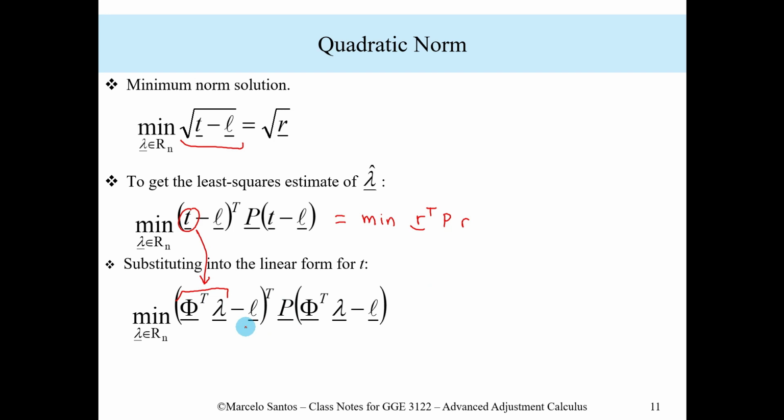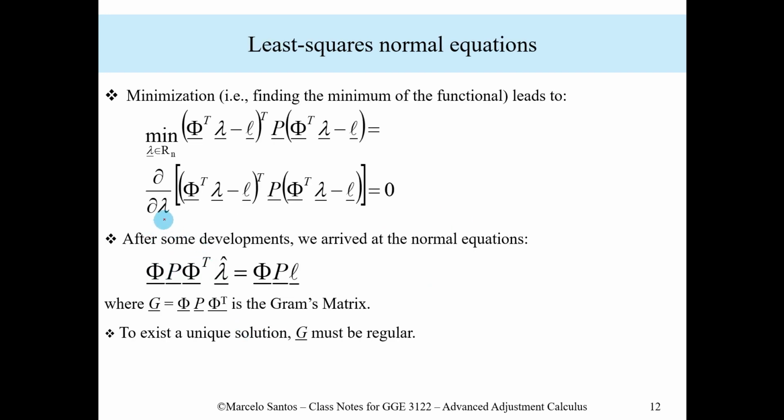How do we go about it? We compute the partial derivatives with respect to the unknown coefficients. After some developments, we arrive at this expression, which is nothing more than the normal equations, with a difference, because we are not using the design matrix, we're using the Vandermonde matrix.